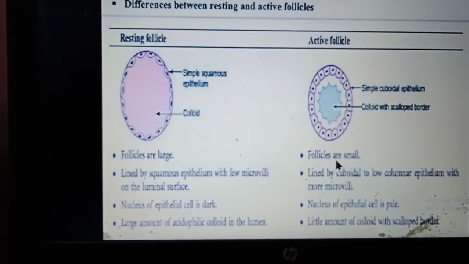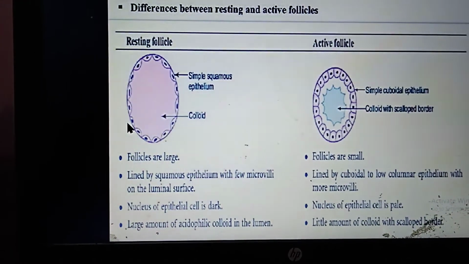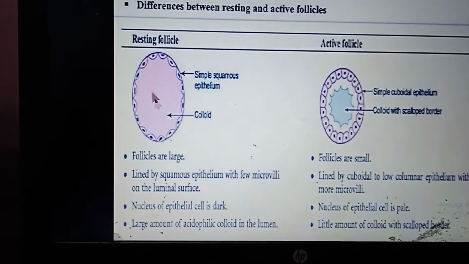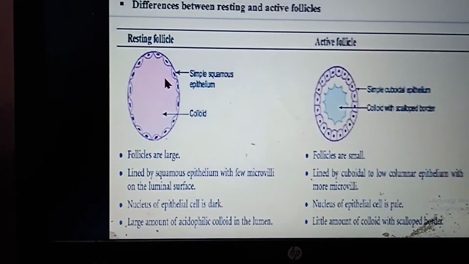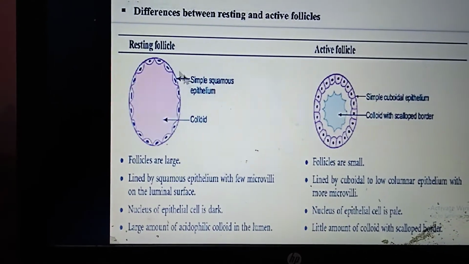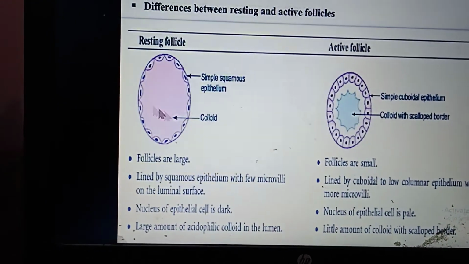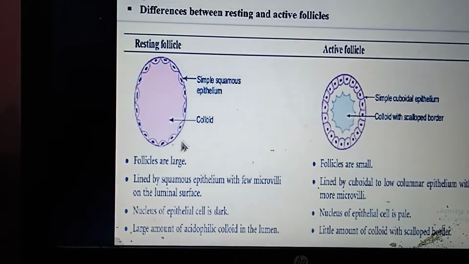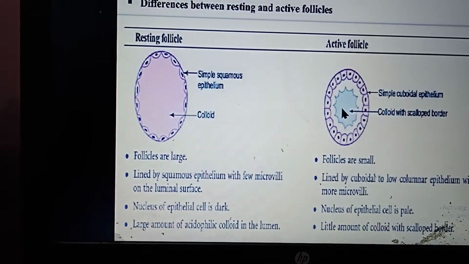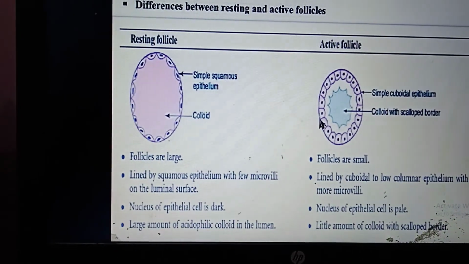So this is simple cuboidal in nature, whereas this one is resting, flattened, taking rest. This is big in size because there is a large lumen full of reservoir, that is thyroglobulin, which is not used up by these resting cells. But here we can see this thyroglobulin is used up by the follicular cells.